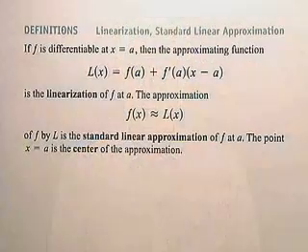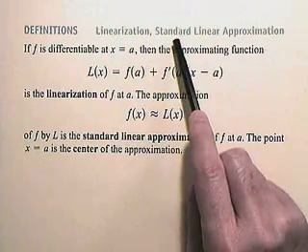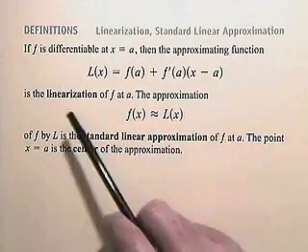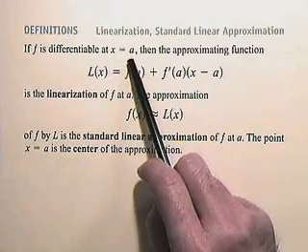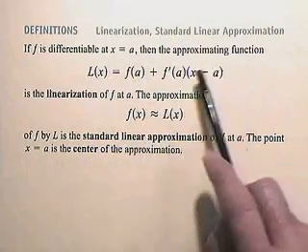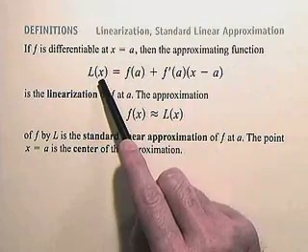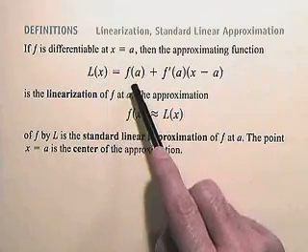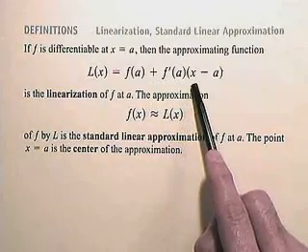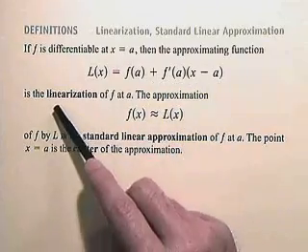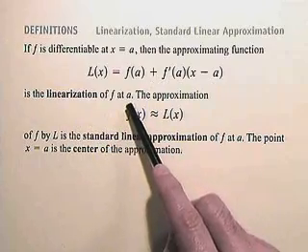Okay, let's look at some definitions. Definitions: linearization, standard linear approximation. If f is differentiable at x equal a, then the approximating function capital L of x, which is given equal to f of a plus f prime at a times the quantity x minus a, is the linearization of f at a.